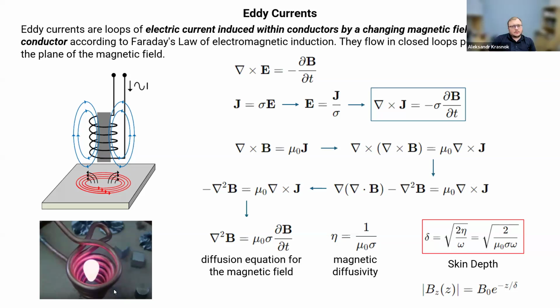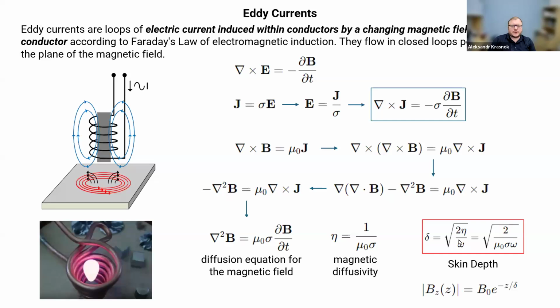And since the optical frequency, which is hundreds of terahertz, is much higher, because of this high frequency, the skin depth becomes very, very small.